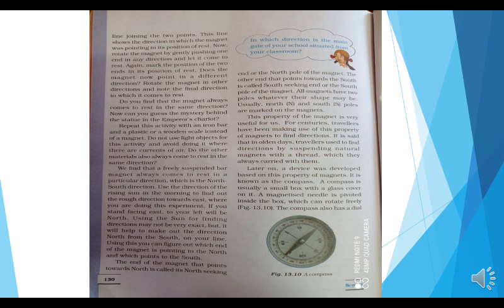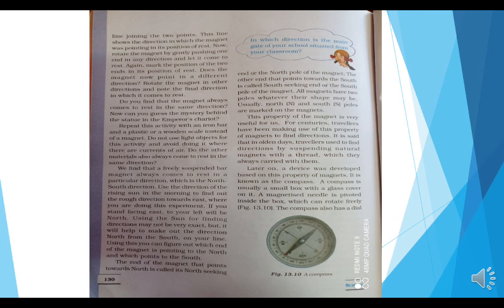Now, later on what happened? A device was developed which was known as the compass. A compass has all the properties of a magnet. How?